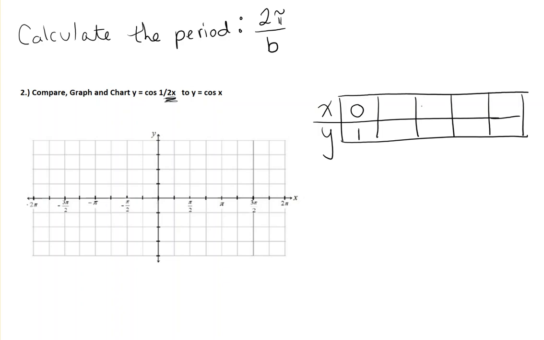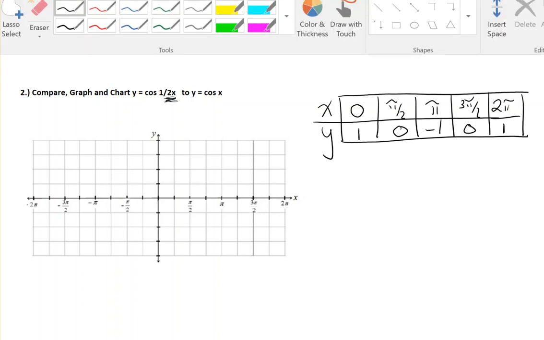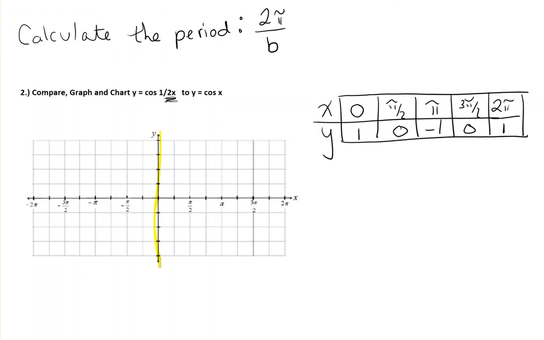So we're going to do the increments the same way: pi over 2, pi, 3 pi over 2. Then it starts at 1, goes to 0, goes down to -1, then 0, then back up to 1. Remember dividing that graph into 4 sections: 5 lines, 4 different sections.